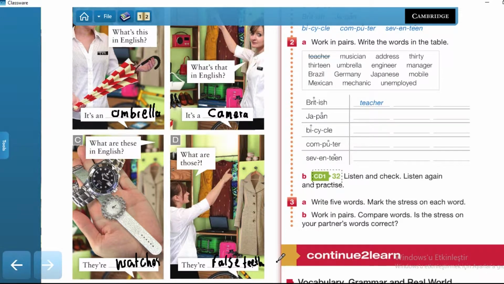So for singular things, what's this? This is a pen, or we can say it's a pen. Let's repeat it. What's this? This is a mobile phone, or it's a mobile phone. It's a singular thing. What's that? That's a mobile phone, or again you can say it's a mobile phone. For plural forms, what are these?